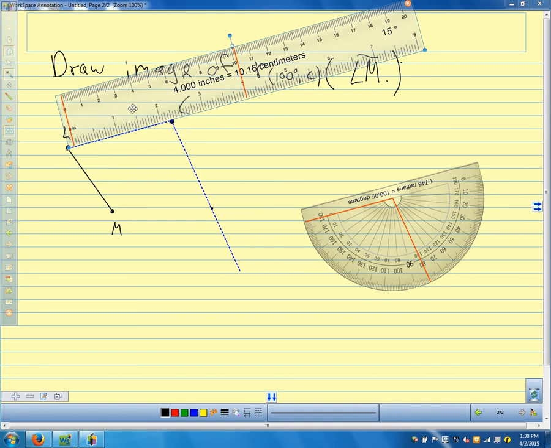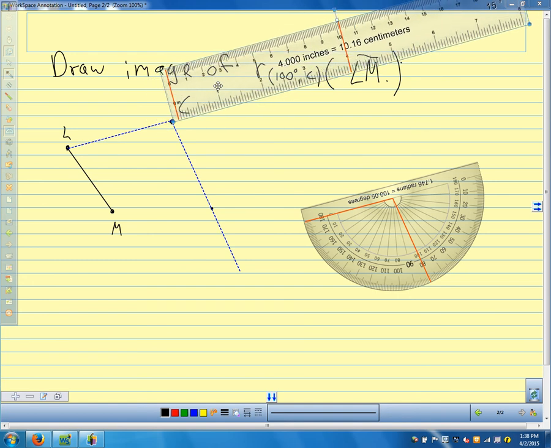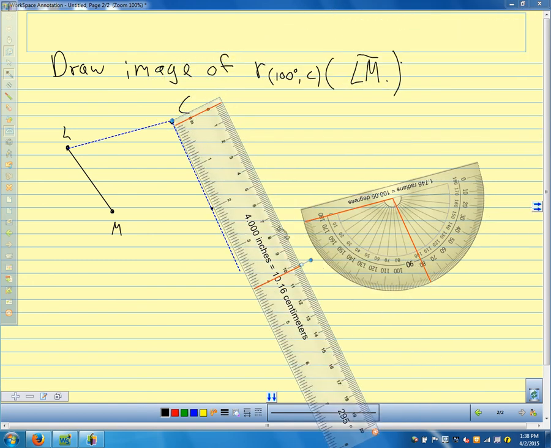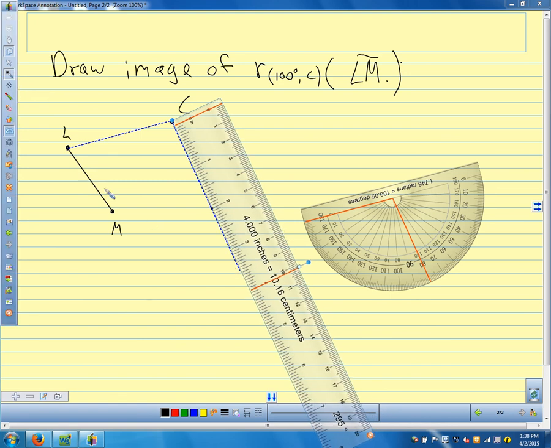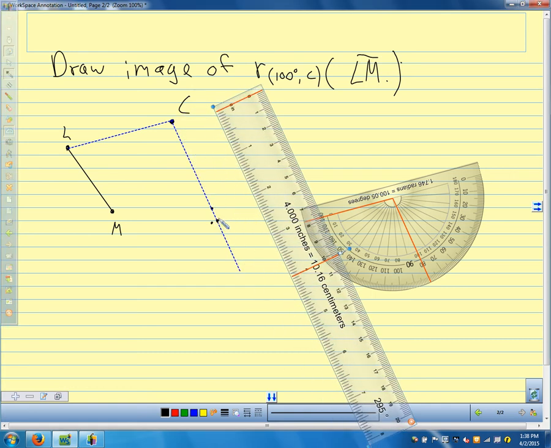No, 2.25 inches, sorry. And I'm going to make sure my new point is the same distance. So there we go. And there's where my point is going to go, 2.25 inches right there. So right there, and that's going to be my new point, L prime.